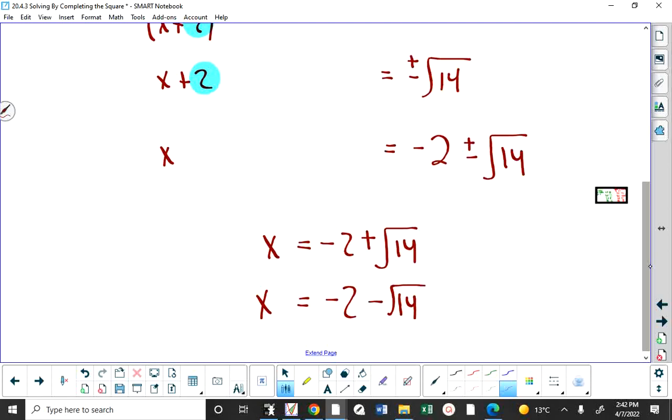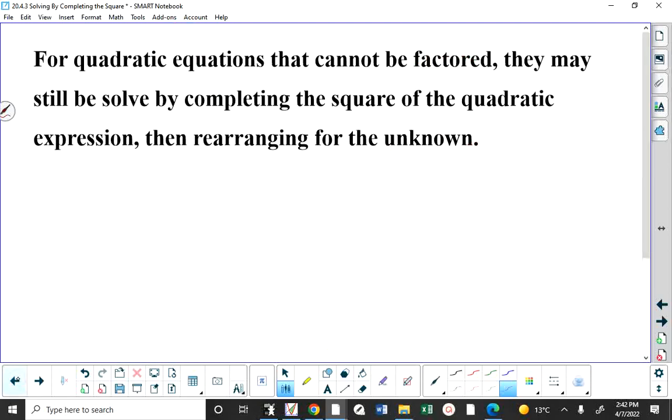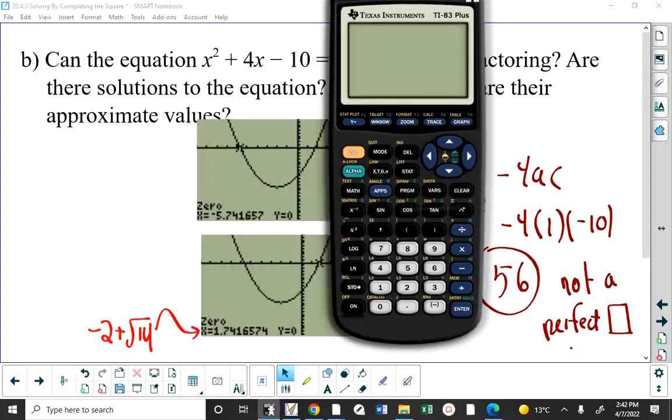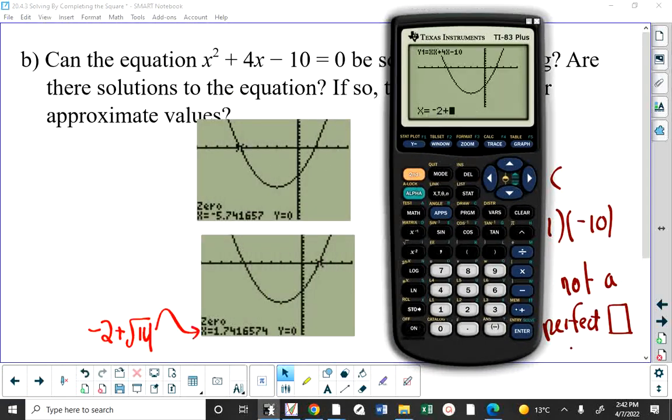Do me a favor. On your calculator, calculate negative 2 plus the square root of 14. That's pretty powerful.